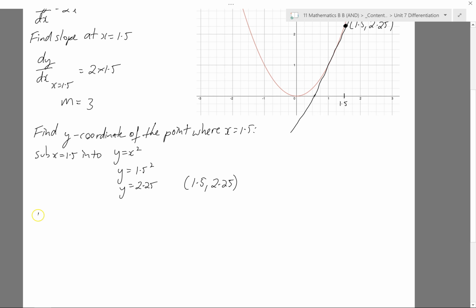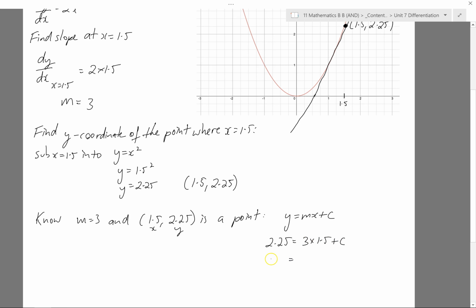So I know m equals 3 and (1.5, 2.25) is a point. I'm going to sub that into y equals mx plus c. So this is my x value, this is my y value. 2.25 equals 3 times 1.5 plus c. Then I can just rearrange this to find my c value.